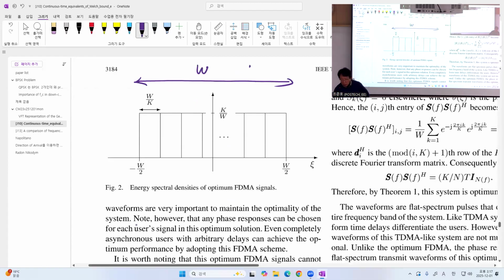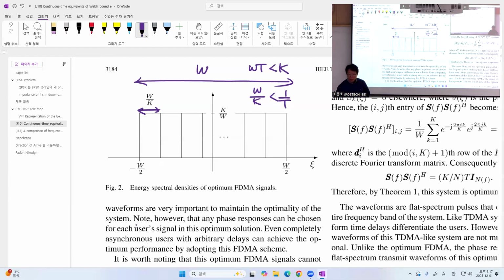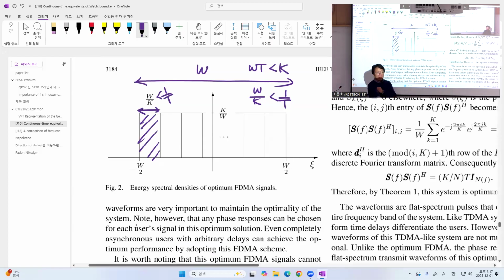And now we assume WT is less than K. So W divided by K is less than 1 over T. So this width assigned for each FDMA user is less than 1 over T. What is that? Each transmission is faster than Nyquist's transmission.